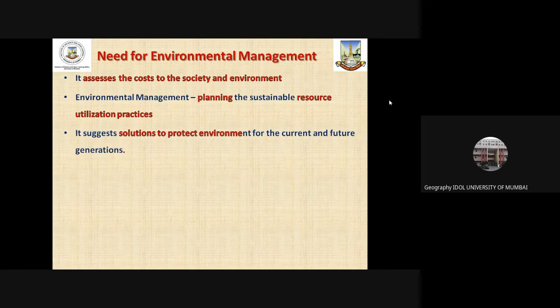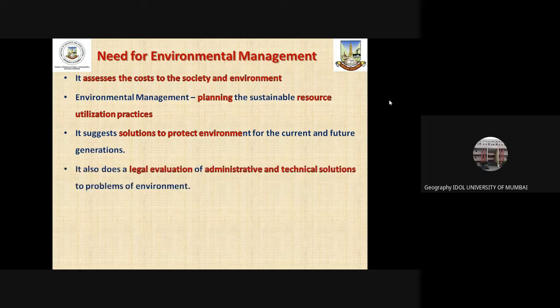Environmental management also evaluates the cost to the society and environment brought by various economic activities and unsustainable usage of natural resources. It also plans the sustainable use of resources or the practices which are important for sustainable resource utilization. It also suggests solutions to protect the natural environment in present times and also for future generations.